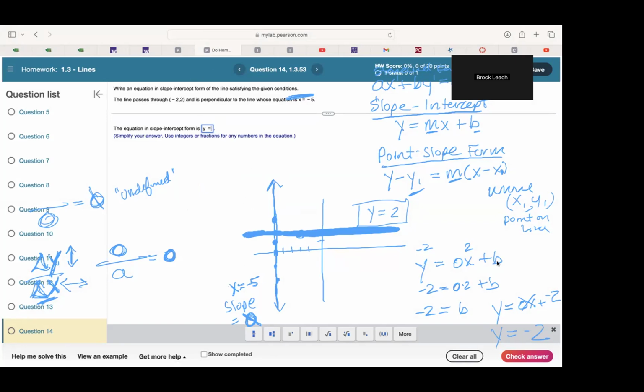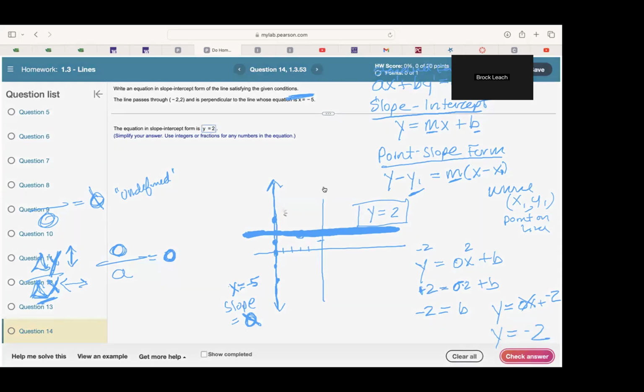I put 2 in there, but it should be 2. y equal 2. Yeah, thank you. Let's see. My x was -2. My y was +2.